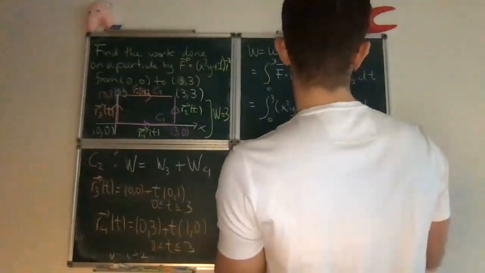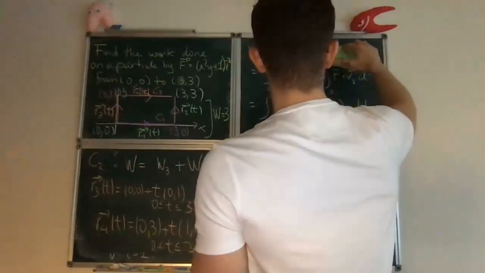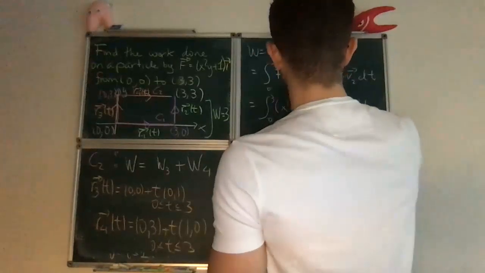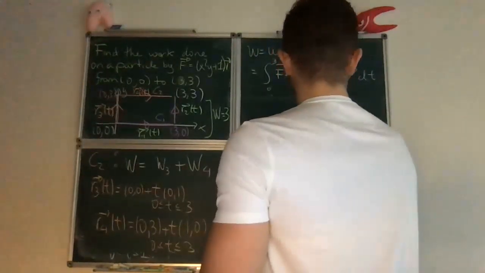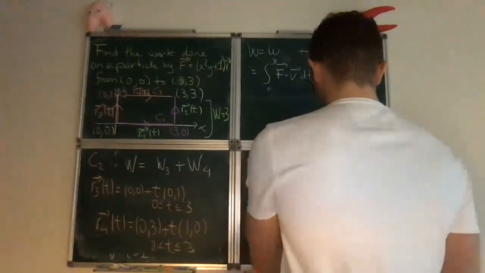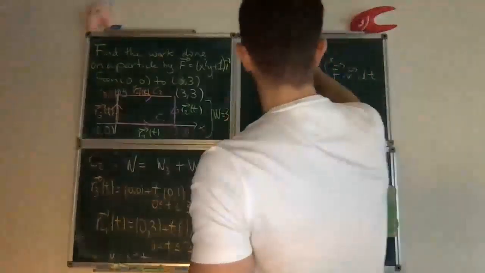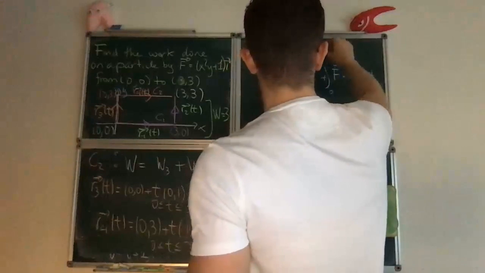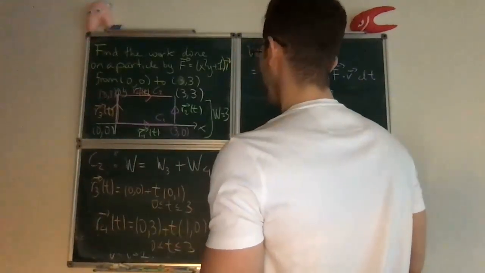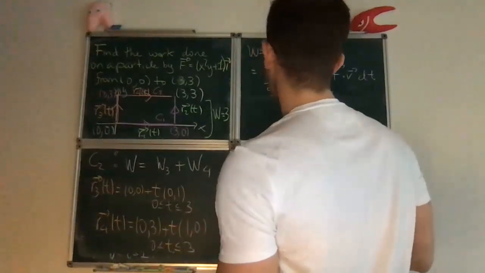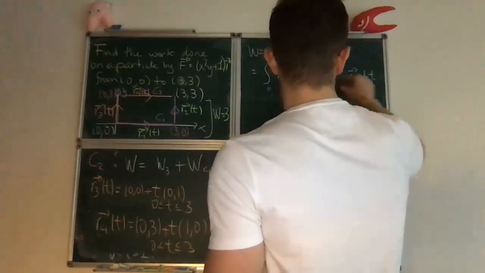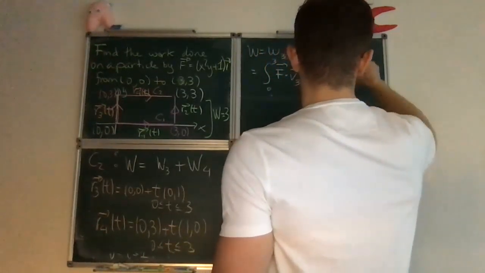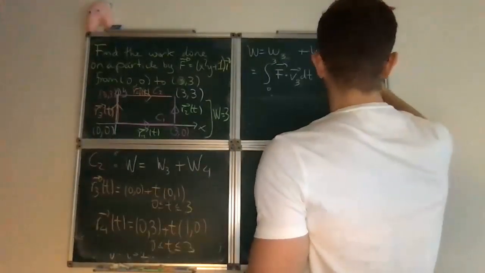So it's a similar story. We get the new W is W3 plus W4, okay? And this is the integral from 0 to 3 of F dot v3, plus the integral from 0 to 3 of F dot v4.